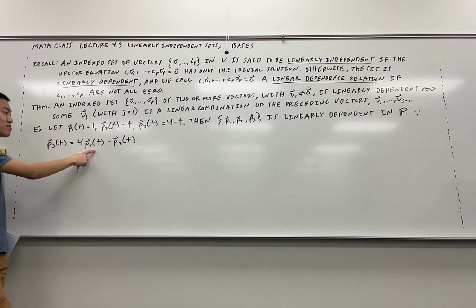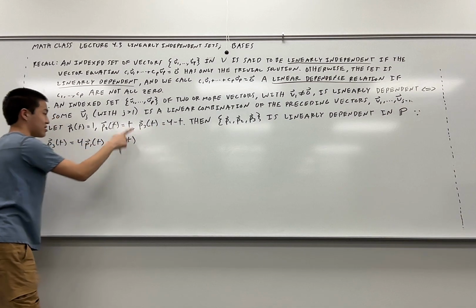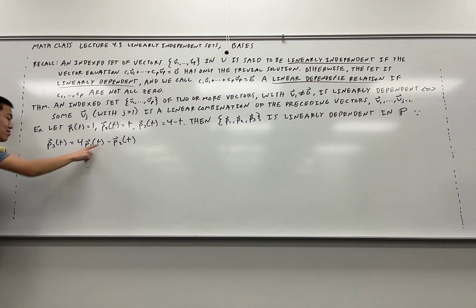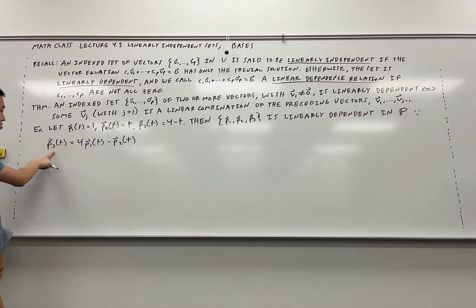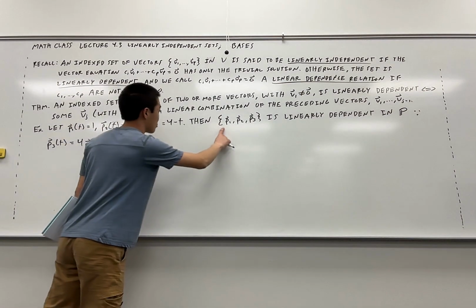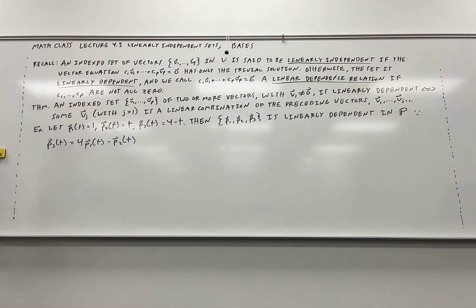Right? 4 times 1 is 4, minus t. And this is a linear combination. If this third vector is a linear combination of the previous two, then it's not contributing anything new to the span of the original vector set.